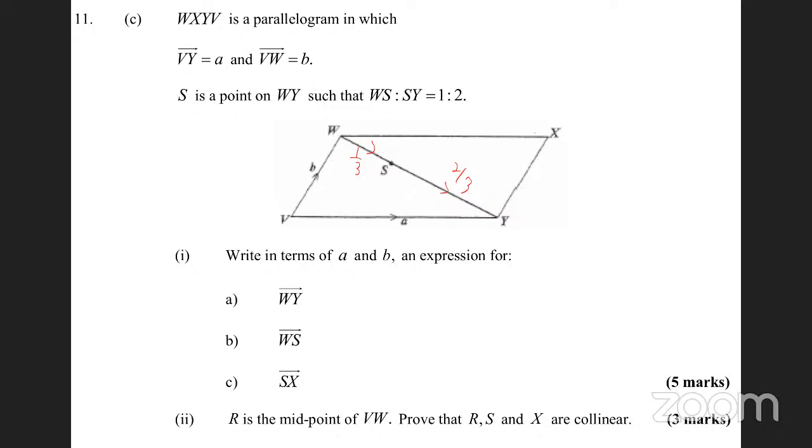WB is what? WB minus B. Okay, see that? Y, Z. Right, let's just see how you simplify this.